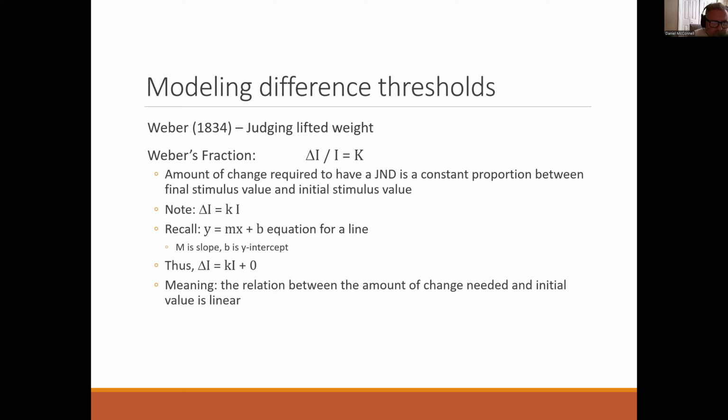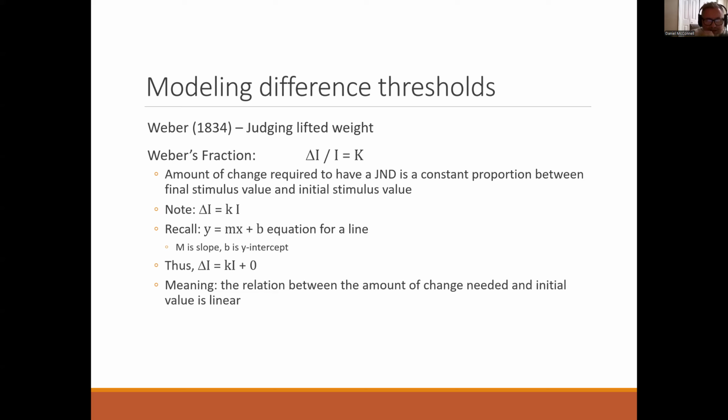And so what we're going to do is measure, first, the initial amount of weight that we started with, right? How much does the phone in my hand weigh to begin with? We're going to call that I, for the initial stimulus intensity. And then after we have added grains of sand until the subject has reported that it is now perceptibly heavier, the extra weight that we have added is called the delta I, right?